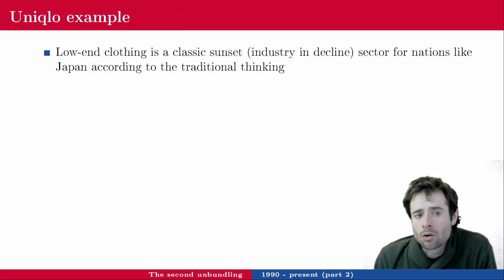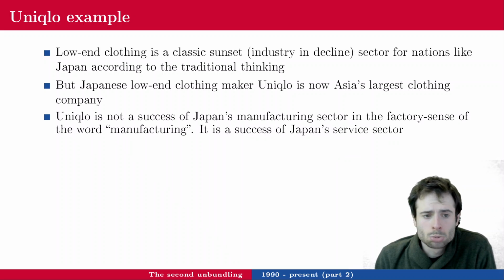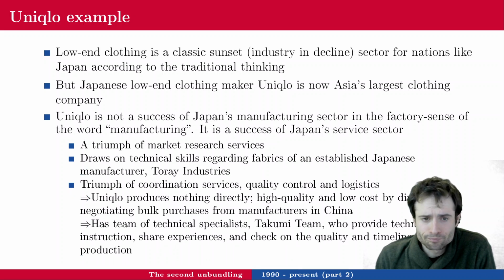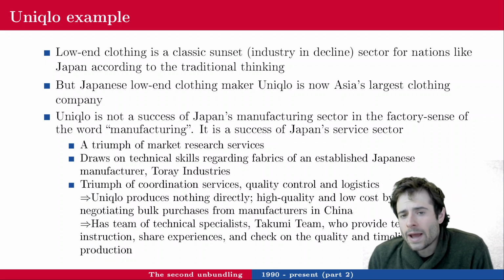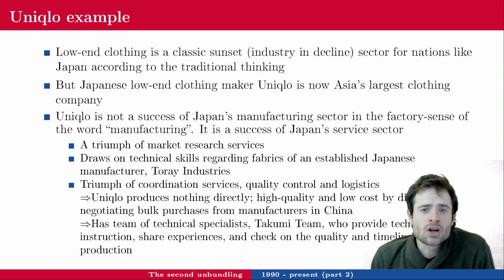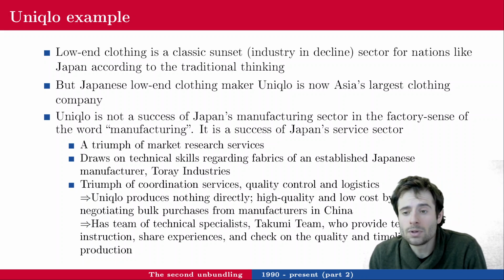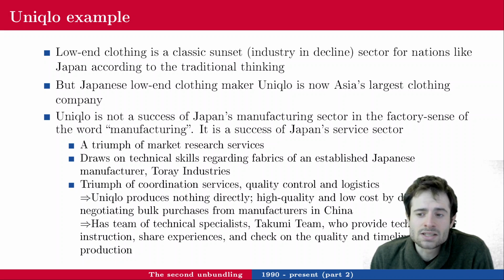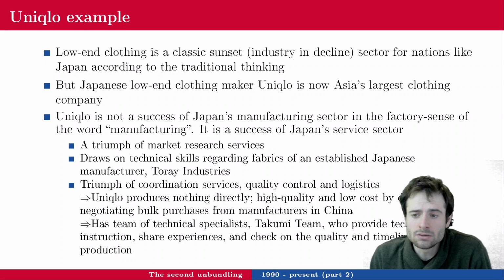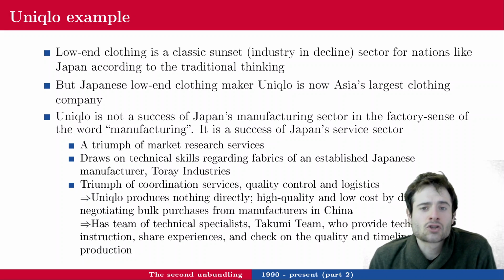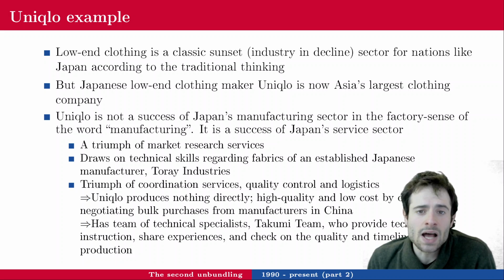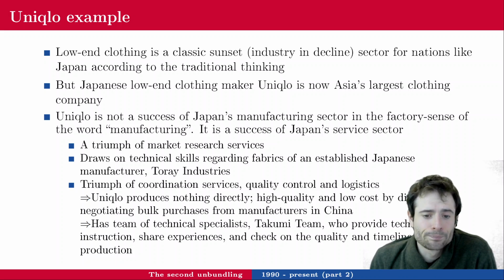Finally, I can talk about the Uniqlo example. Sure. So, very quickly, Uniqlo is a company, you probably know it, that makes low-end clothing. It's a Japanese firm, and now it is Asia's largest clothing company. It's not that Japan was very good at manufacturing. Rather, it is about the services that were put into the design and the production of Uniqlo items.